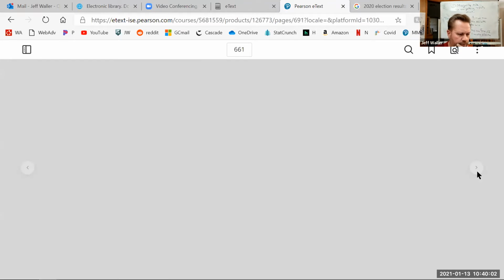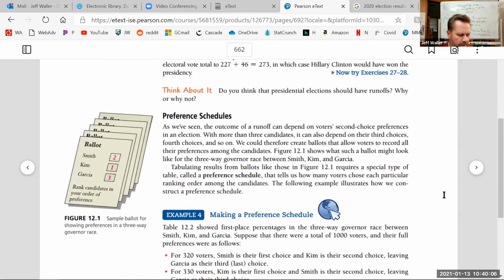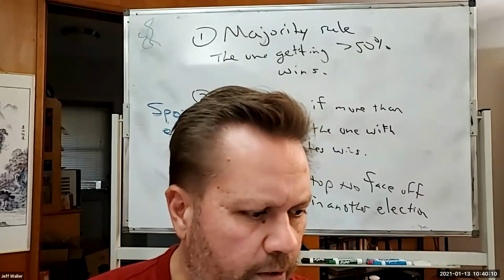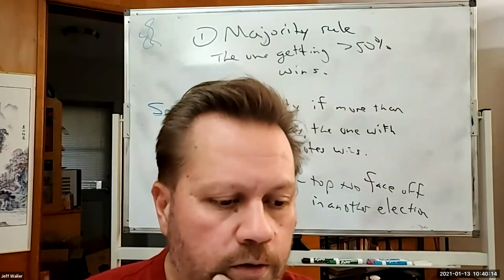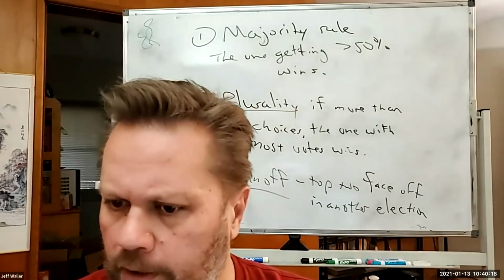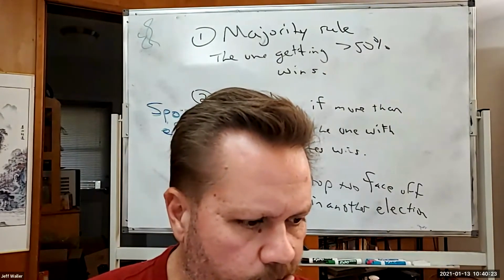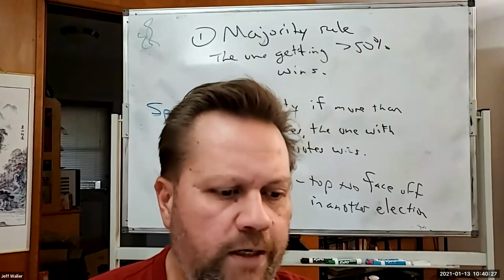No. How many total electoral votes are there? Let me find this page first. Does anyone know? In the chat? 536 is close. Oh no, it was 270 to win, wasn't it? 270 to win. There you go.